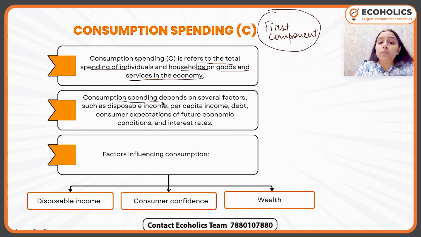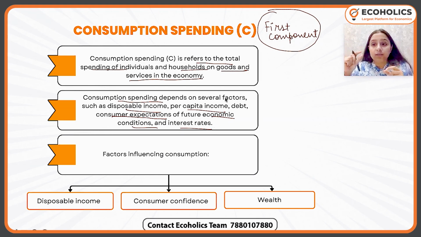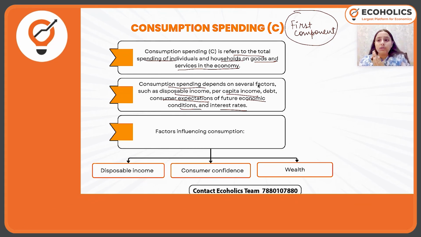Now, my consumption depends upon the disposable income of people, per capita income, debt, consumer preferences and their expectations, future economic conditions, and interest rates as well. All these factors decide the consumption spending. So consumption spending decides aggregate demand, of course, as one of the components, but that is in turn dependent upon these factors.